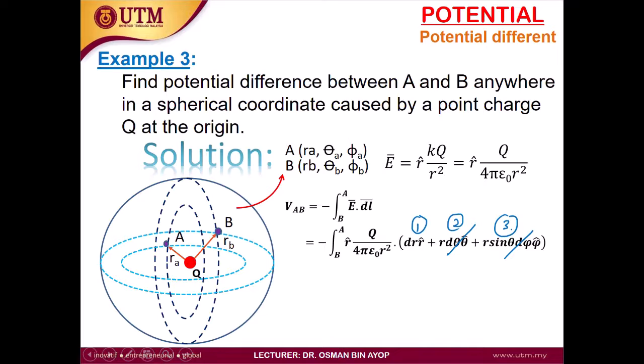When you solve the integration, we have a dot product here, so the other components will be cancelled out. So our solution becomes minus Q divided by 4 pi epsilon naught in brackets negative 1 over r from RB to RA. So our solution will be VAB equal to Q divided by 4 pi epsilon naught in brackets 1 over RA minus 1 over RB. The unit is volt.